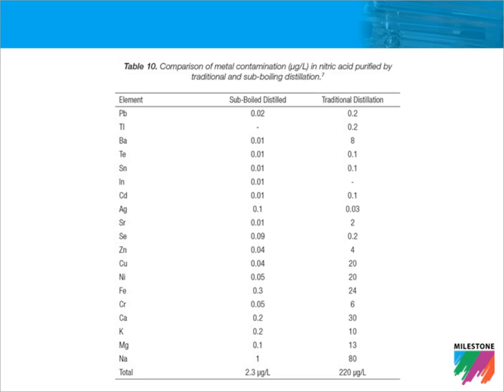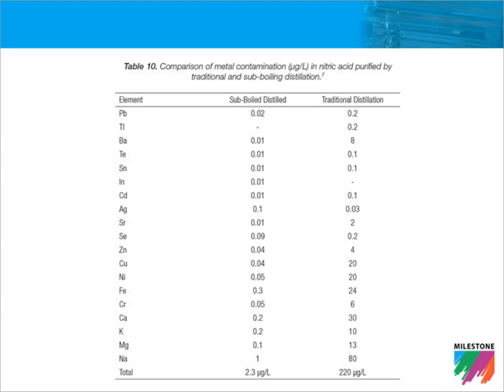We see in the second column of this table how clean is the sub-boiled acid when compared to traditional distillation. Look at the total concentration for each distillation procedure in the last line of this table. Sub-boiled acid is 100 times cleaner than traditional distillation. Of course, this is a critical aspect for ICP-MS measurements.